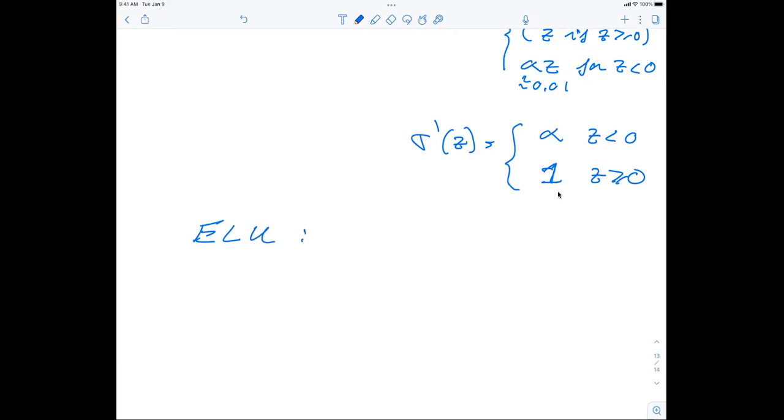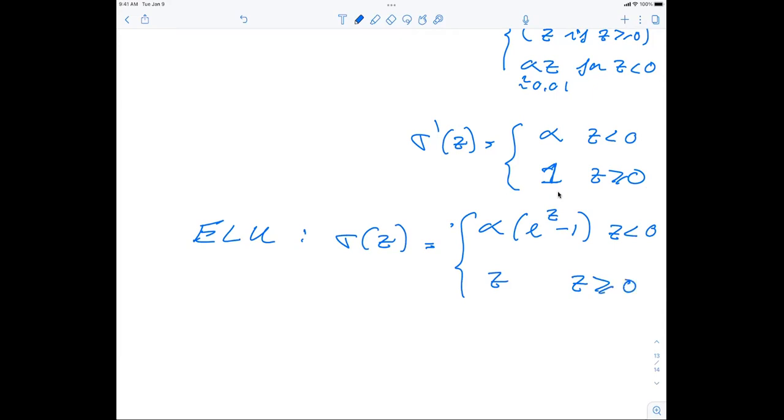In that case, what we would have is a sigma z, which is given by the following function. Again, I have a parameter alpha, which needs to be set, times e to the power of z minus 1 when z is less than 0, and then z when it's larger or equal to 0.